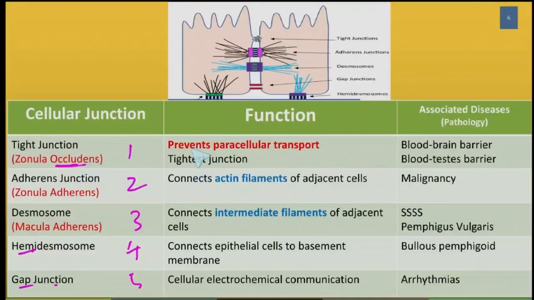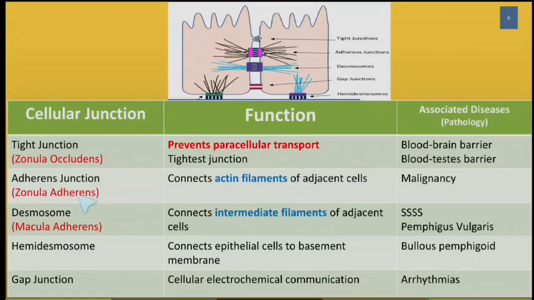Tight junction prevents paracellular transport because they're so tight, they don't allow anything through them. They are very tight like a zipper. But it is really crucial as they are needed for the blood-brain barrier. So any pathologies affecting tight junctions will result in the dismantling of the blood-brain barrier or blood-testis barrier.